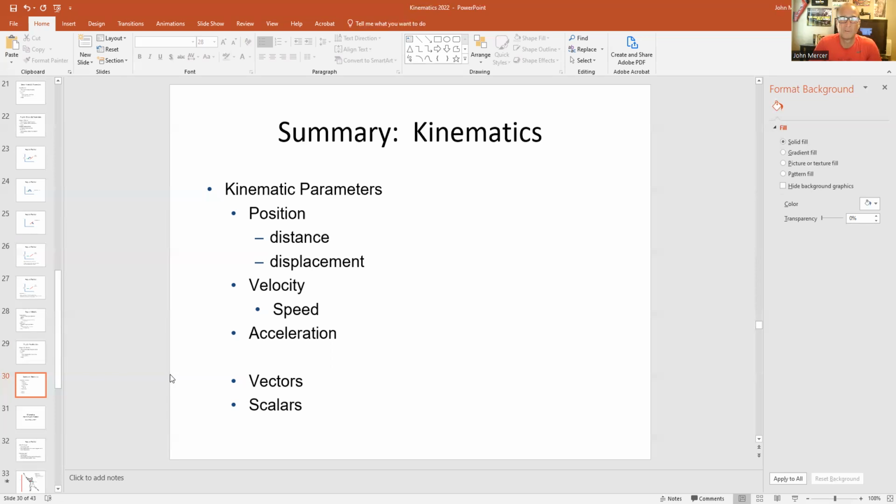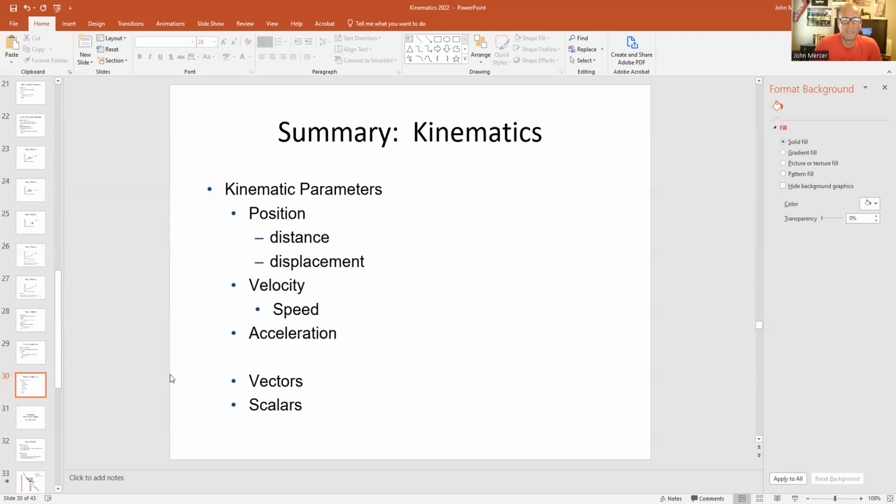We will not do time rate of change of speed. We will only do time rate of change of velocity. So delta v over delta t, final velocity minus initial velocity divided by the change in time. Any units of velocity over any units of time, so meters per second per second, feet per minute per second, any units of velocity over any units of time.